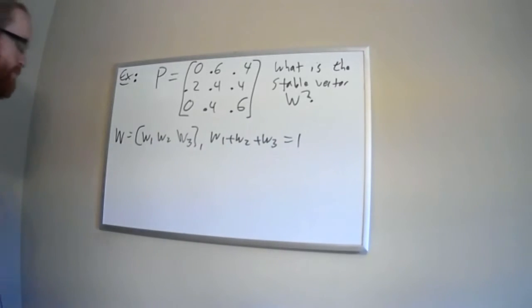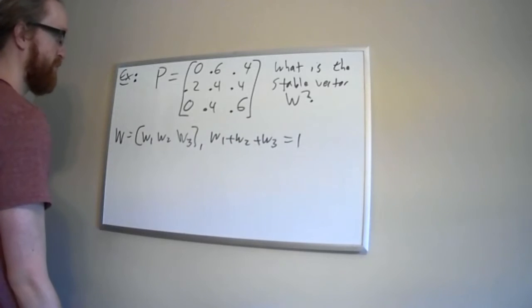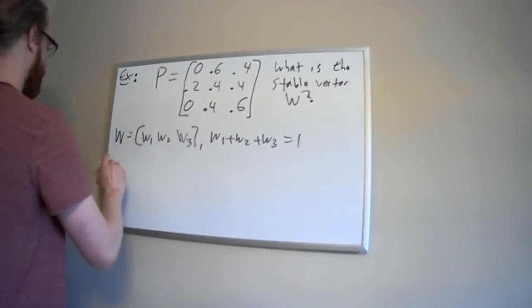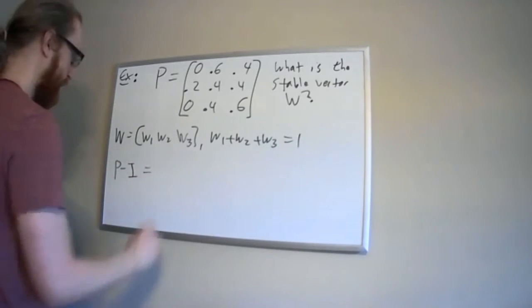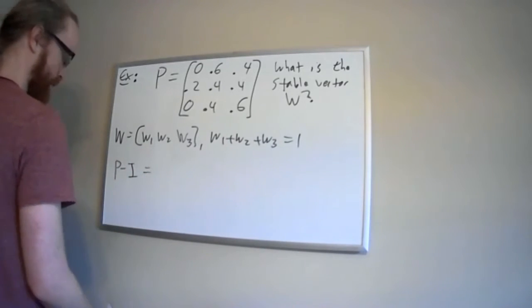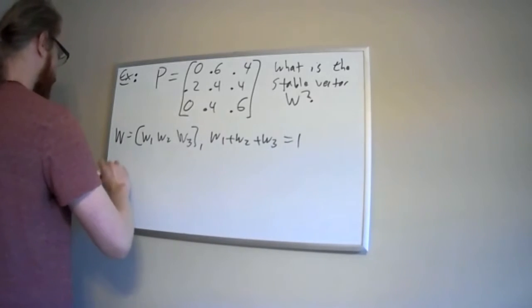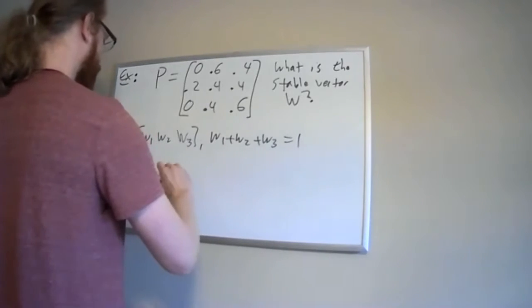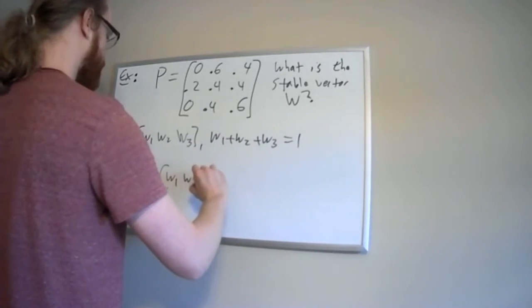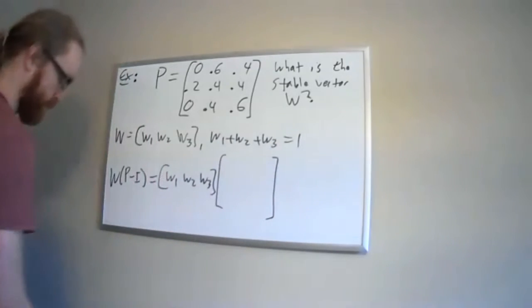Okay. So next, I need to find this equation, W times P minus I equals 0. So I might go ahead and calculate first what's P minus I. So W times P minus I. I know what W is. It's W1, W2, W3. And then in here, I can write P minus I. So what's P minus I?